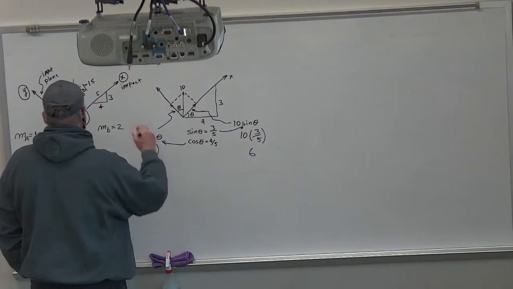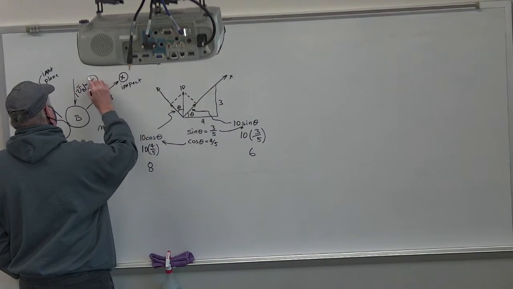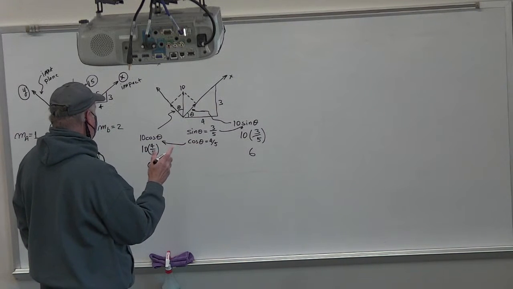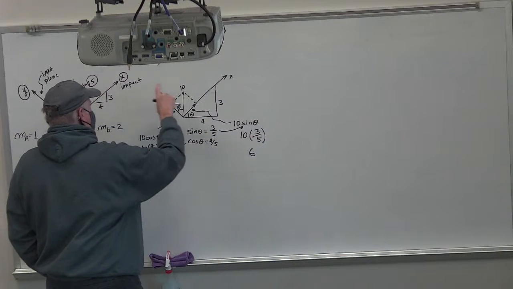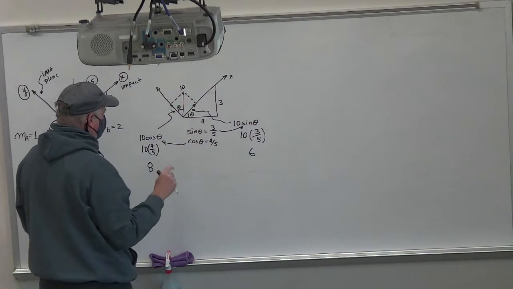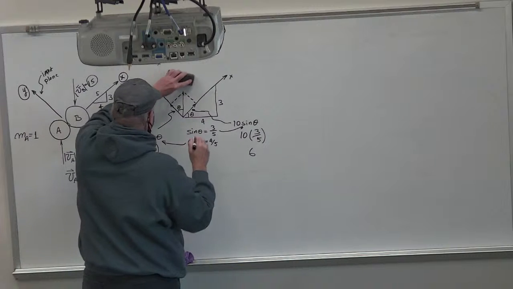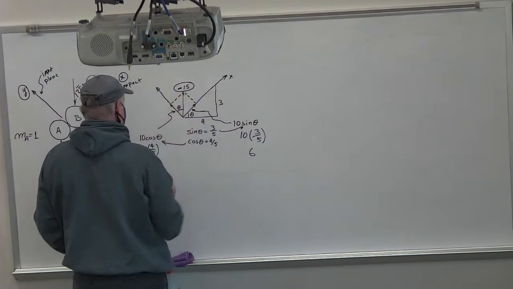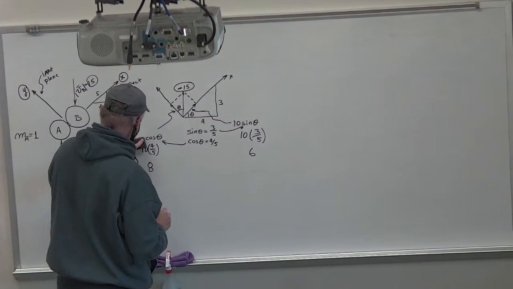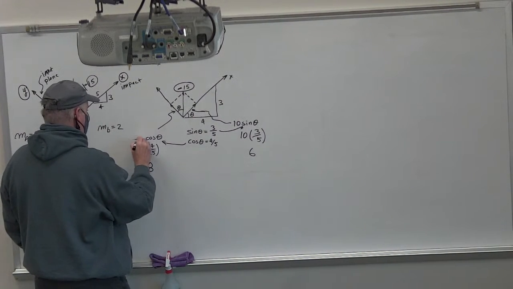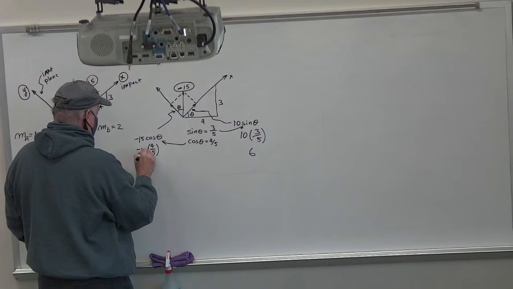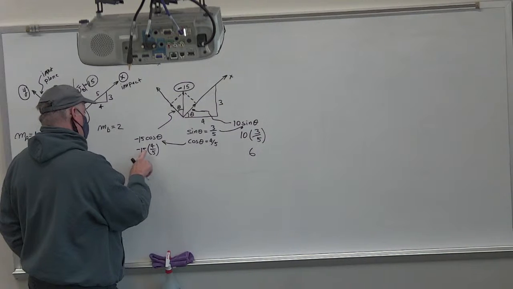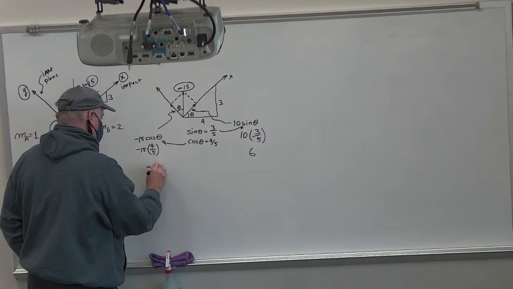Now let's take for a second the 15. If I take that vector and move right here, I can do something very interesting. I can say it's minus 15. Now this gives me a 3. 3 times 4 gives me a minus 12.